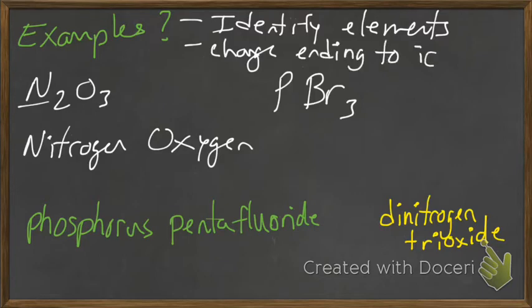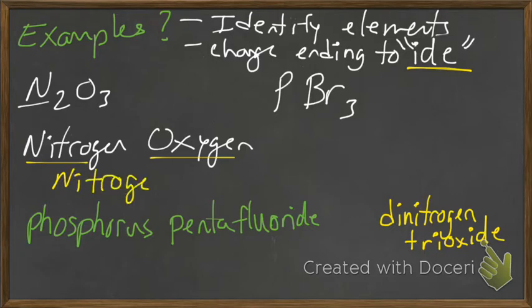The ending is IDE. I'm going to underline that as well. So, nitrogen, oxygen, it's actually going to be nitrogen oxide, but I got to keep in mind how many of each element I have.